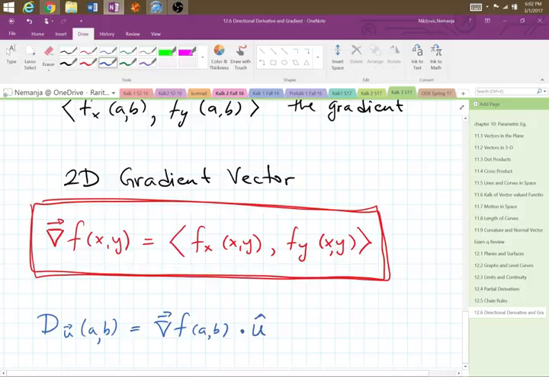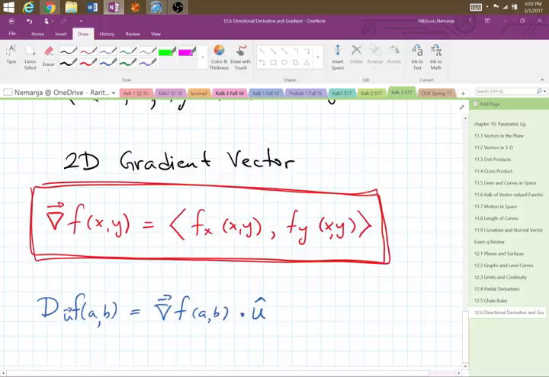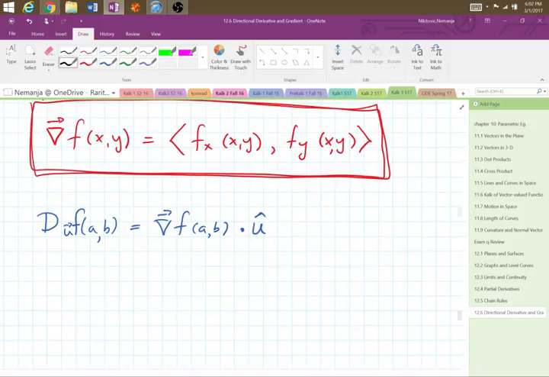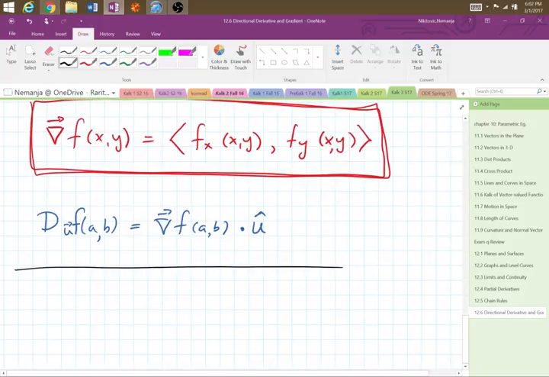So that's just a new notation for the same concept from before, nothing new. Directional derivative of f in direction u.